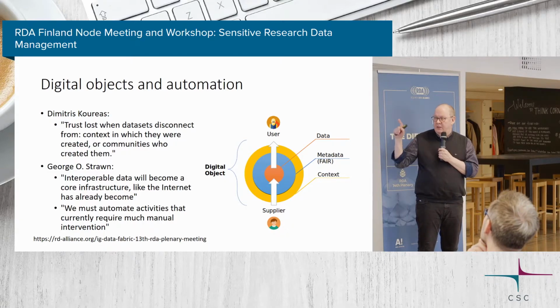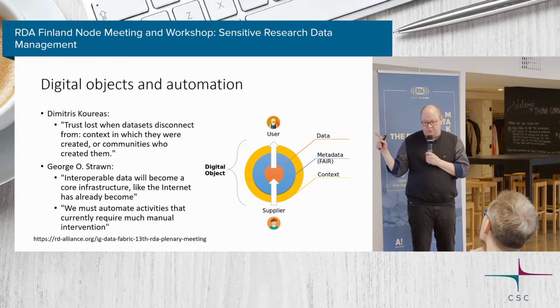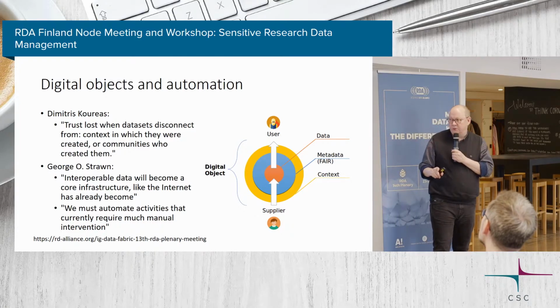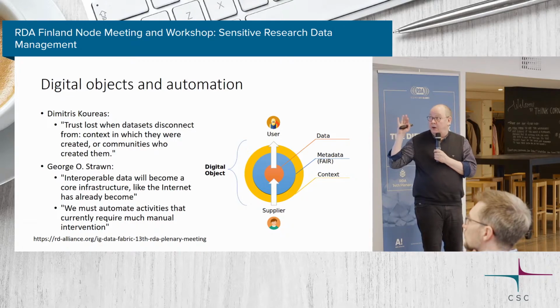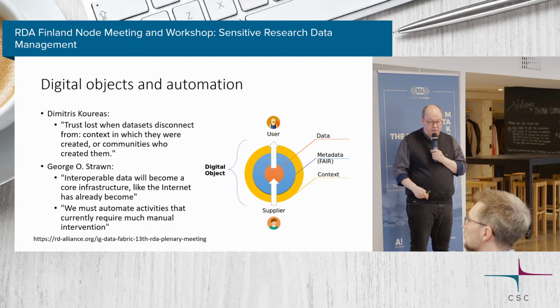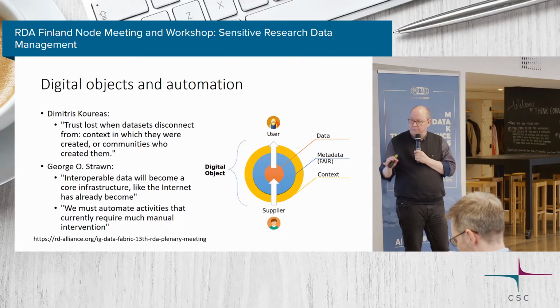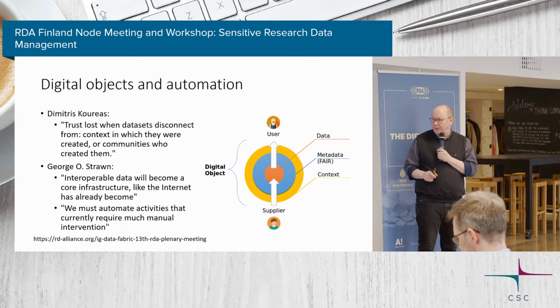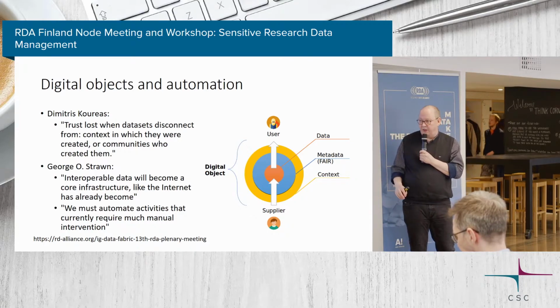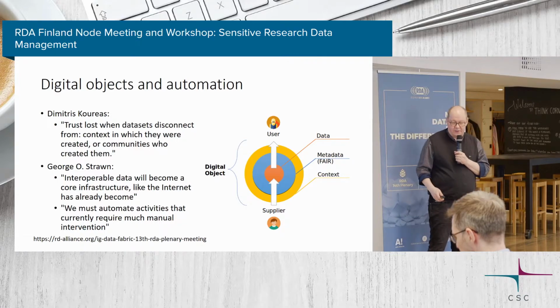In Philadelphia there was one workshop after the plenary with real-life examples about these digital objects, but I wasn't there. Also George Strawn stressed that we have to automate some activities in real life.